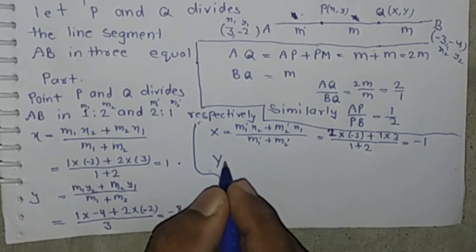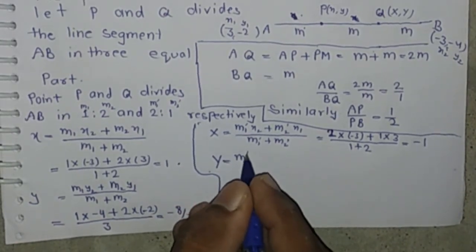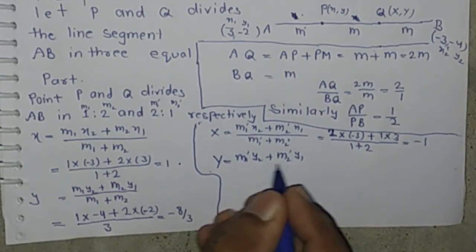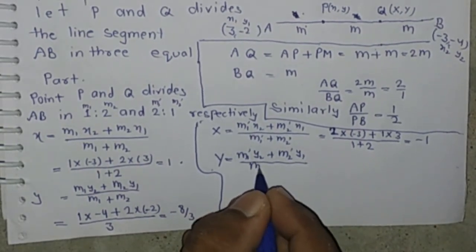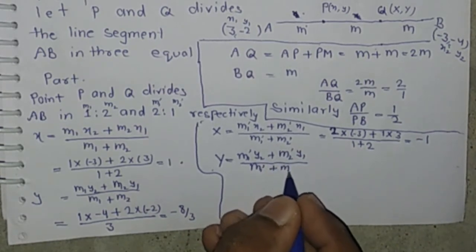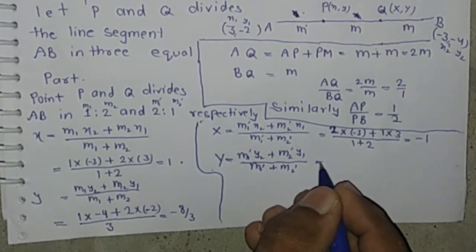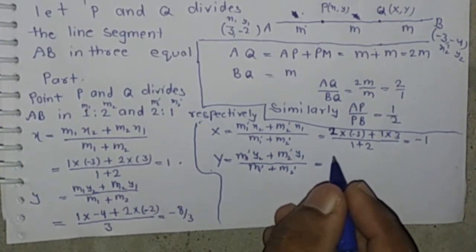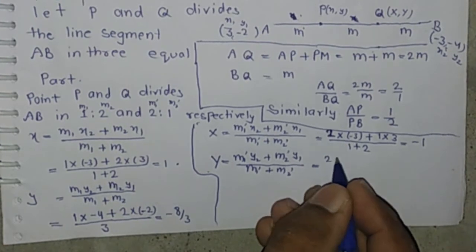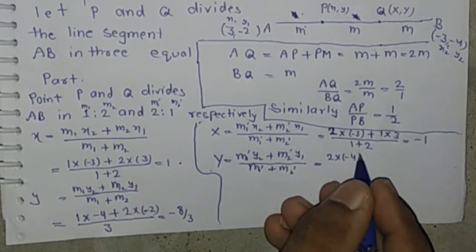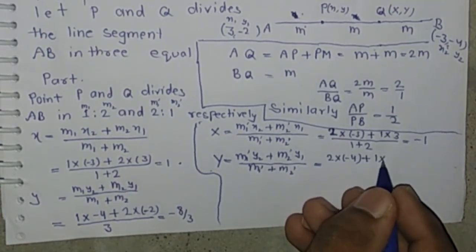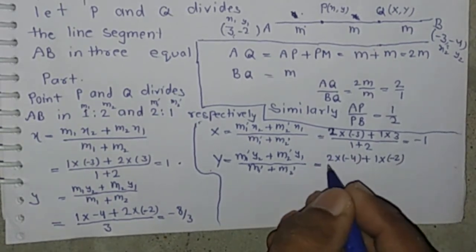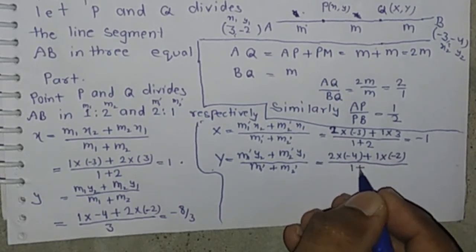Value of y is (m1 dash y2 plus m2 dash y1) by (m1 dash plus m2 dash). m1 dash is 2, y2 is minus 4, plus m2 dash is 1, y1 is minus 2, by 1 plus 2.